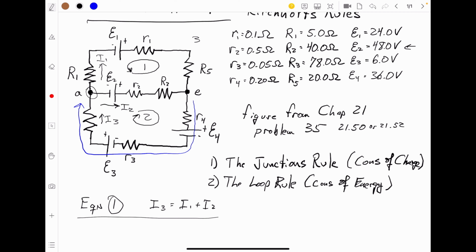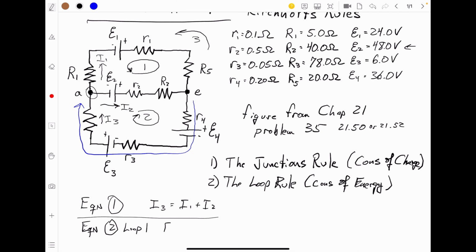E4 is the biggest, and if we started at E4 and went all the way around like this, that would work too. So there's another equation that you can have. We don't need all 4 equations because we're going to get an equation from the junction rule. We're going to get equation 2 from loop 1.